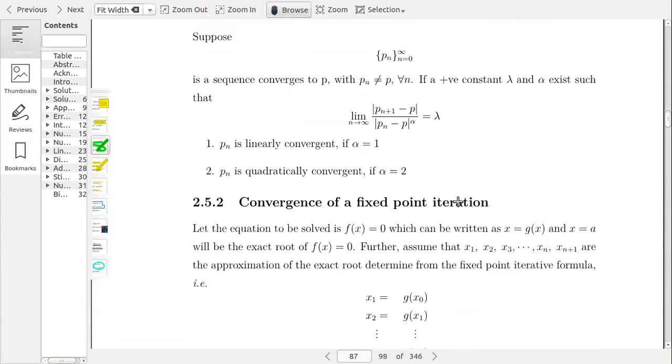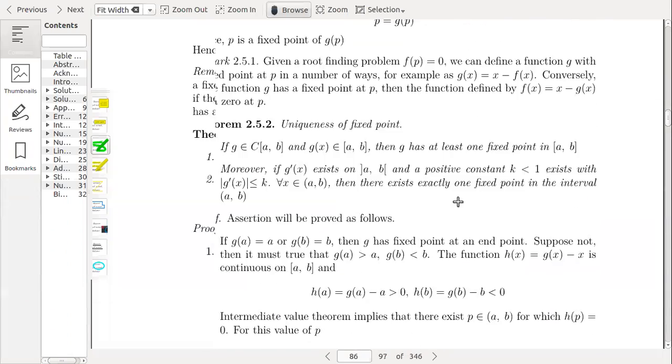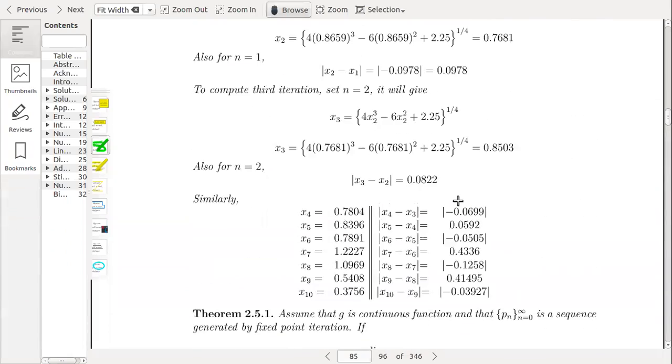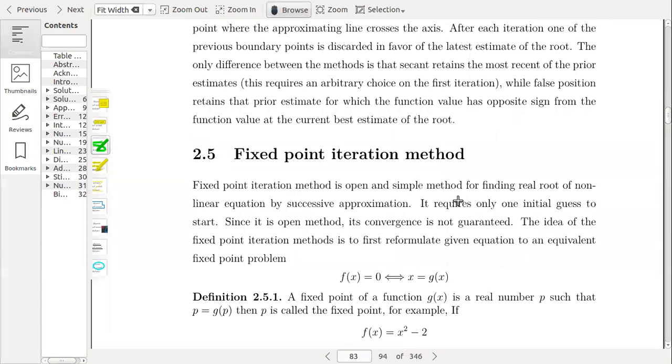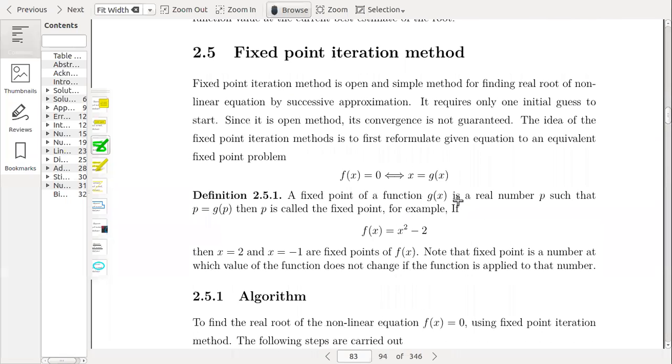So we can revise this whole lecture. Fixed point iteration procedure or iteration method. The fixed point iteration method is an open and simple method for finding a real root of a nonlinear equation by successive approximation. It requires only one initial guess to start.